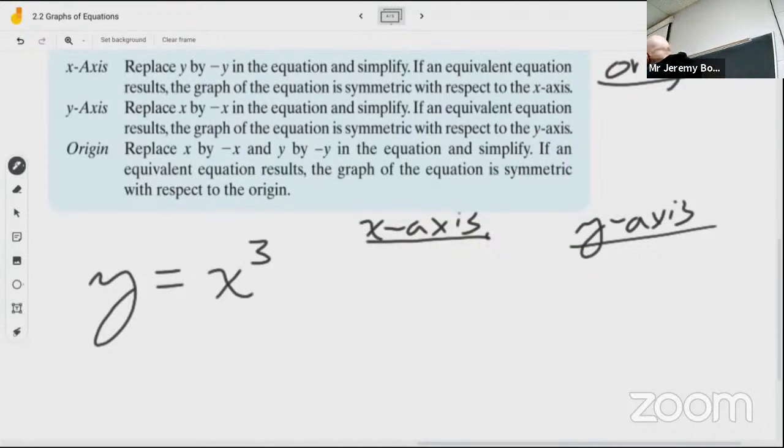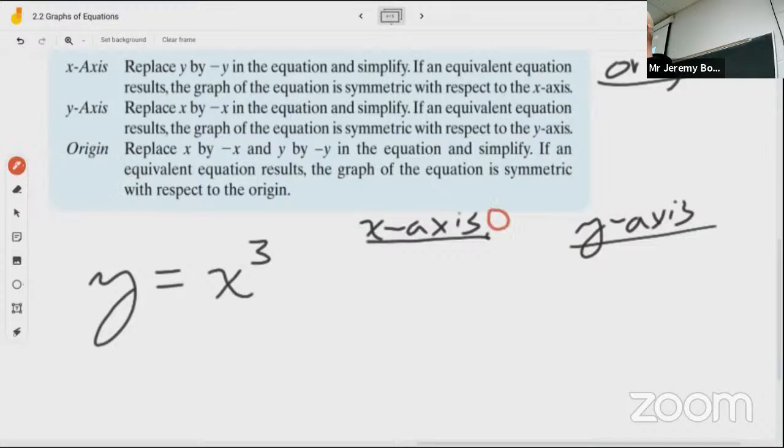So we got this equation, y is equal to x to the third. I want to know, is this symmetric with respect to the x-axis, y-axis, and/or origin? How many people think it's symmetric with respect to the x-axis? Nobody?